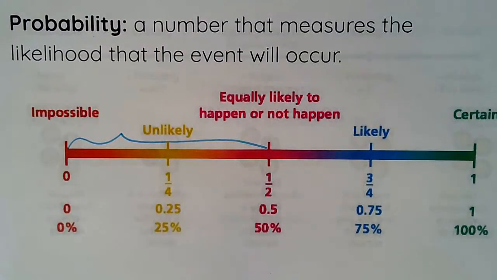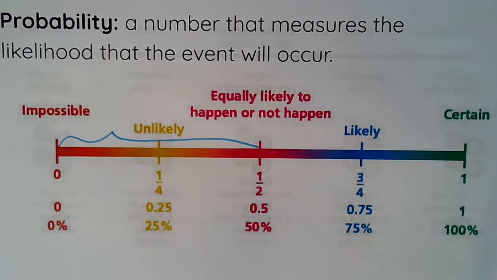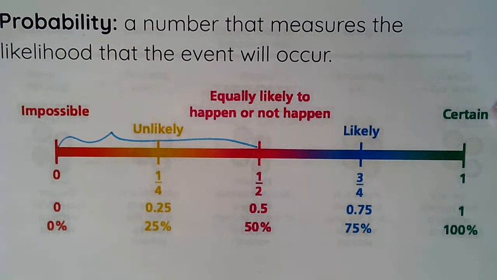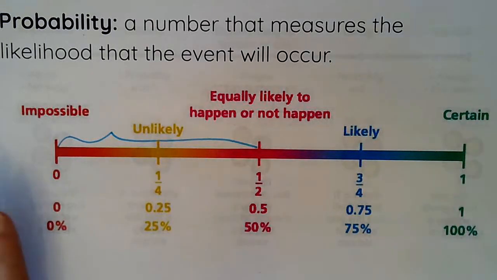It is not possible for this event to occur. On the other side, we have certain. If something has a likelihood of 100%, that means that there is no doubt that this event will occur. It is certain.